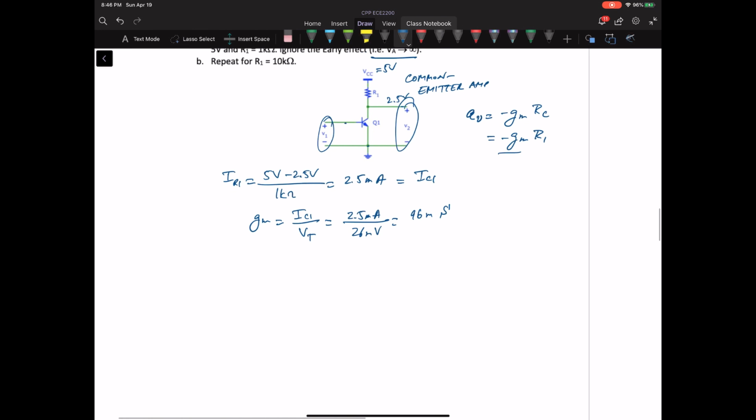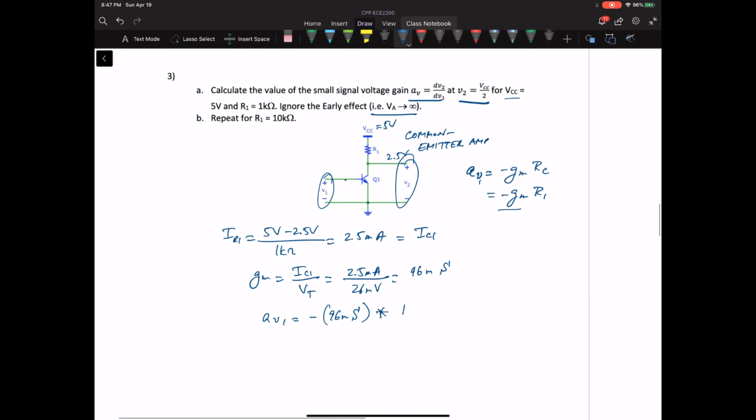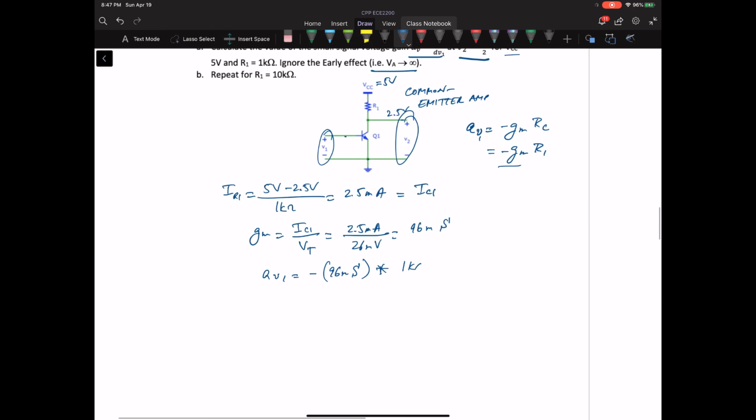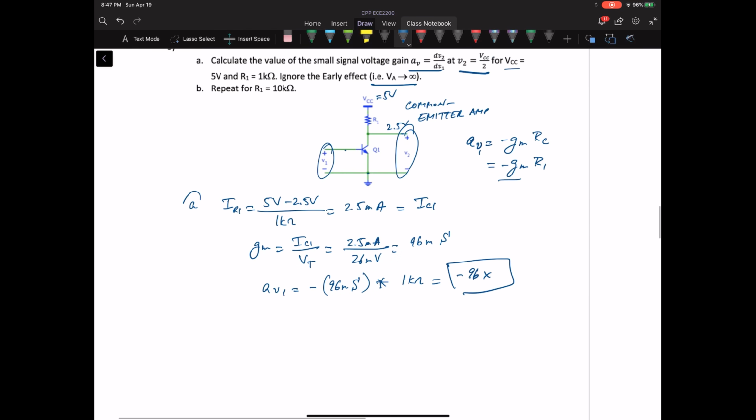Then the gain, I'm going to call this Av1 because we have to calculate a second gain with the second R1. Av1 is minus 96 millisiemens times R1, which is 1 k ohm, and that's minus 96. Okay, so that's our gain for part A.